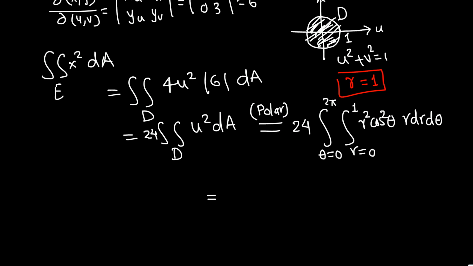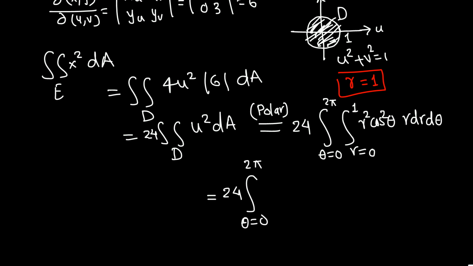So let me write here: 24. Let's integrate inside with respect to r. We have r squared, and with one more r, r cubed. Theta goes from 0 to 2 pi.